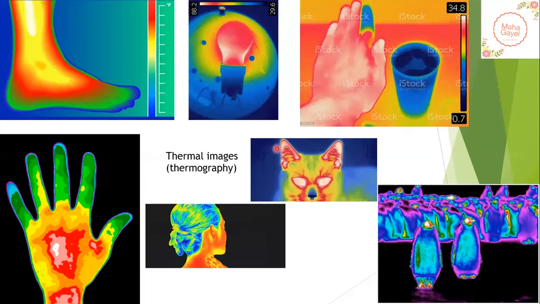You can find this thermal image for a cat. Here, a thermal image for a lady, and this is a palm, or hand, also thermal. And finally, these are our friends. They are penguins. And as we can conclude, the penguins live in the Arctic or polar habitats.